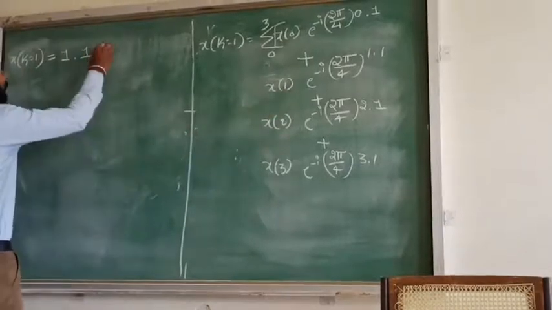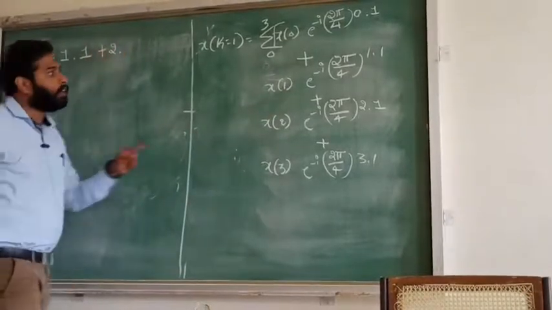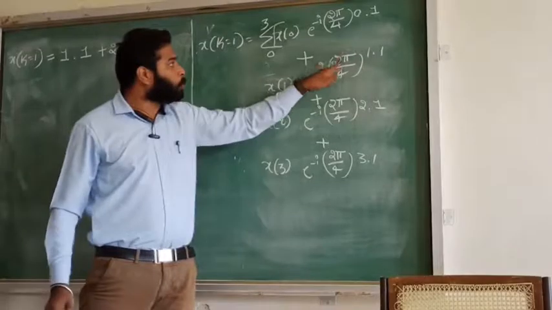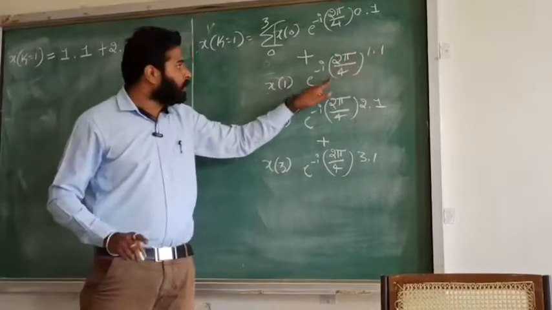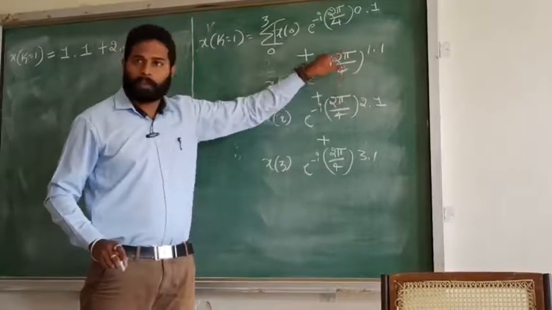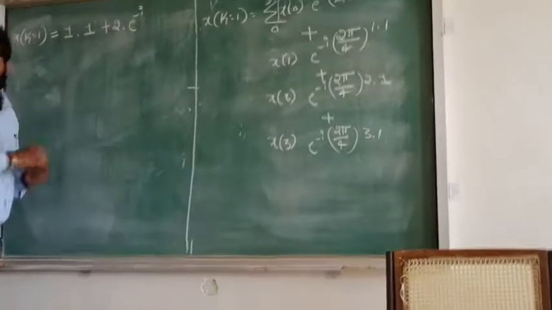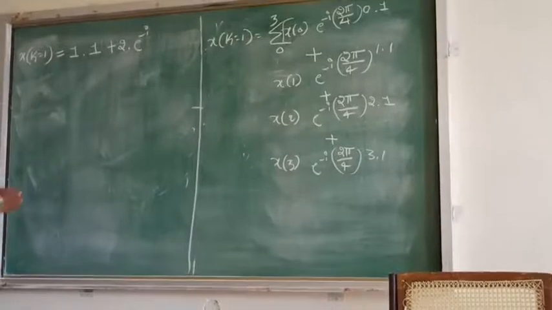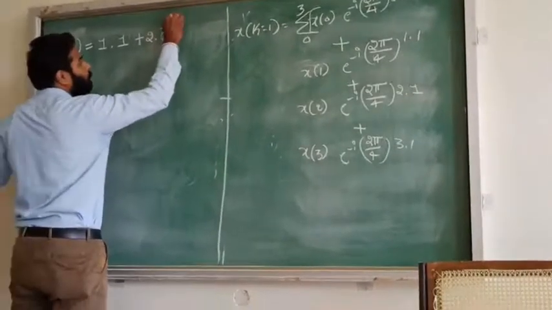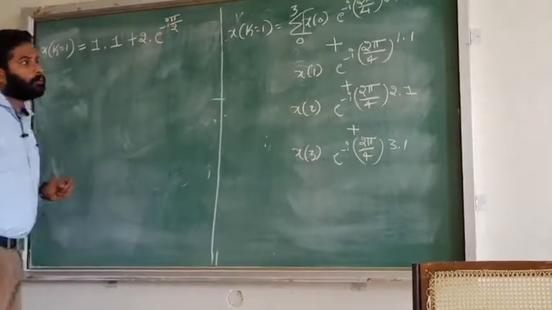X of 1 is 2. E raised to minus i 2 pi by 4 into 1 into 1 is 1. E raised to 2 ones are 2, pi by 2. E raised to minus i pi by 2.